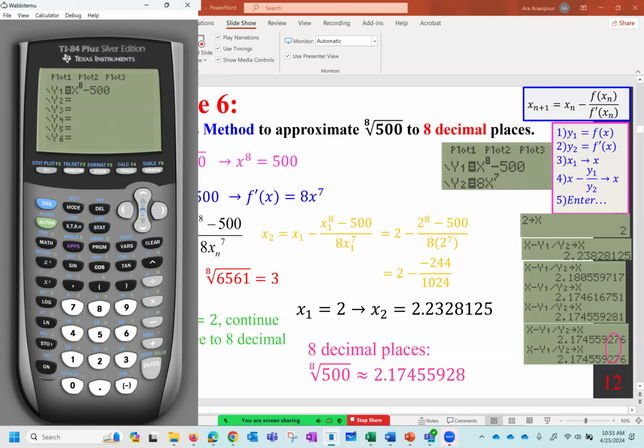We enter that. F prime is 8x to the power of 7.